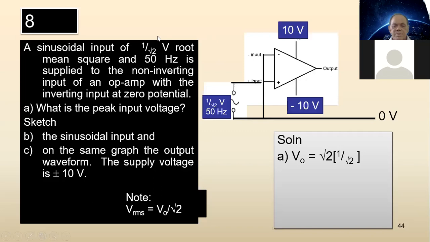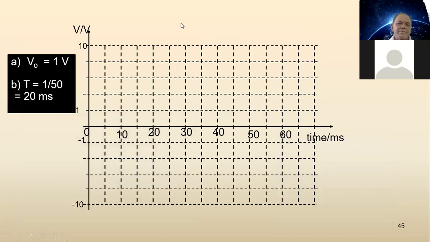You get 1 volt. To sketch the sinusoidal input, we must find the period first. From frequency 50 Hertz, we get our period, and changing it by times 1,000 we get milliseconds. Peak value 1 volt and 20 millisecond. So that's our input.